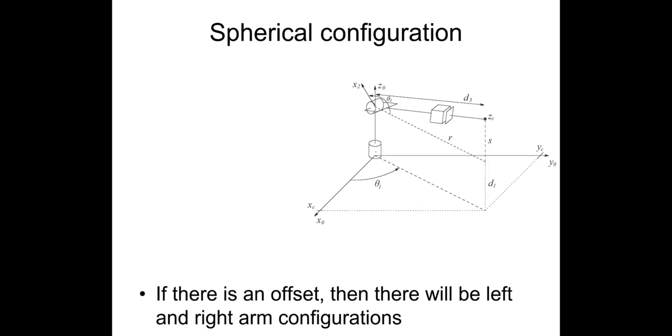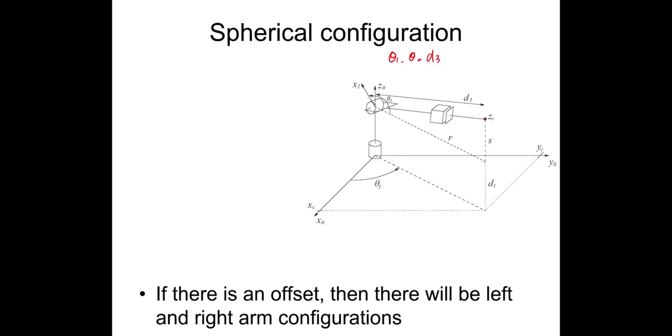Instead of three revolute joints, now we have a prismatic joint here. If we want to calculate all the joint variables in this configuration, instead of theta 1, theta 2, and theta 3, we now need to calculate theta 1, theta 2, and d3.